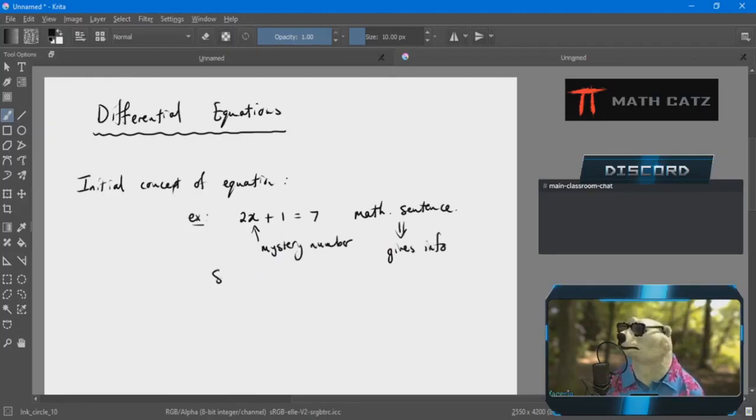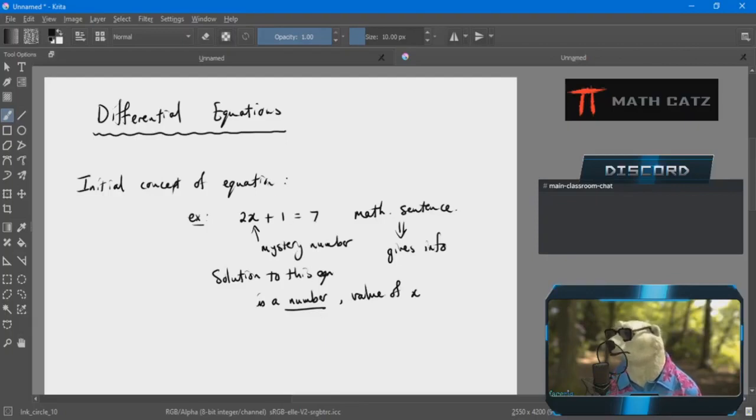And the sentence gives me information to find what that missing number is. And then when we solve it, the solution to this equation is a number. More specifically, the value of x. Now, sure, in some equations, maybe like a quadratic equation, you can have more than one option for what this number is, but it's still a number.